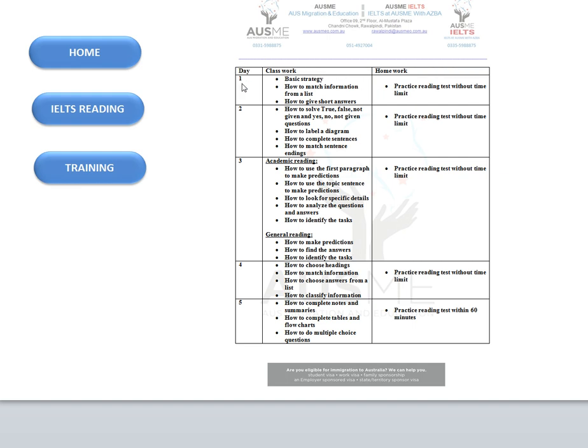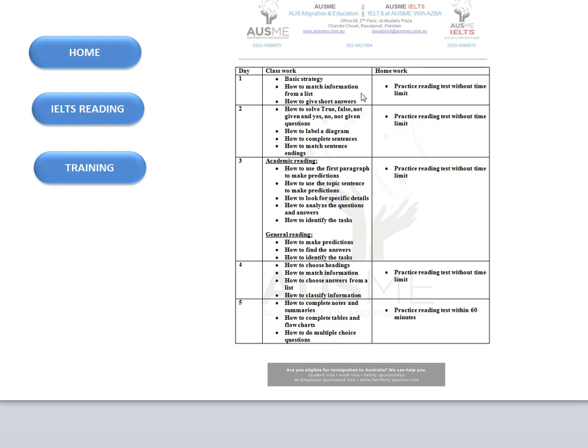Cool? So for day 1 for the reading, we've got some basic strategy which looks at overall in the test what kind of questions we have. So we do some basic strategies first. And we also do how to match information from a list and how to give short answers.